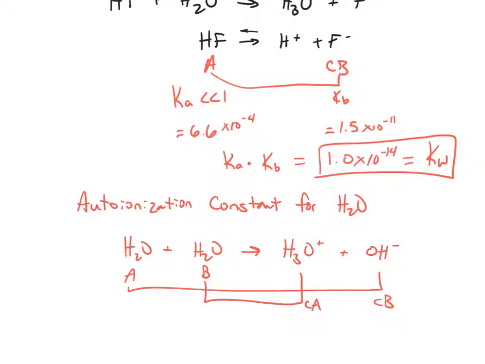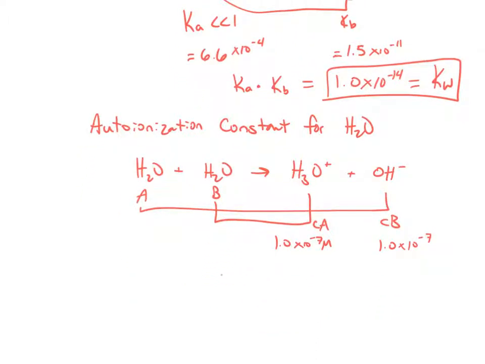Now, what's interesting is that the concentration of H3O plus and OH minus in a solution where water is autoionizing itself is 1 times 10 to the negative 7th molar. That is true for both, because you'd expect that if one is 1 times 10 to the negative 7th, then the other is too.